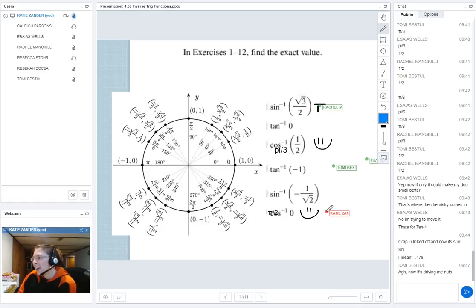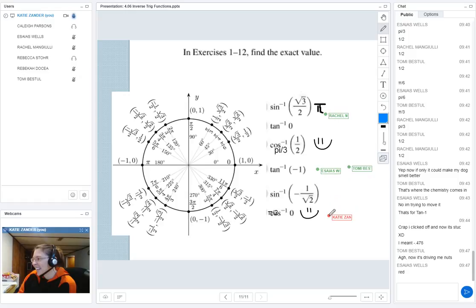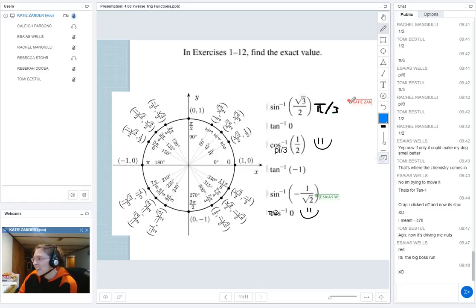Is my name red or green on the board for you guys? You guys are all green. It is red, okay. Nice writing, Rachel. I find it very difficult to write in here for some reason. Yep, sine inverse of square root 3 over 2 is in fact pi over 3.